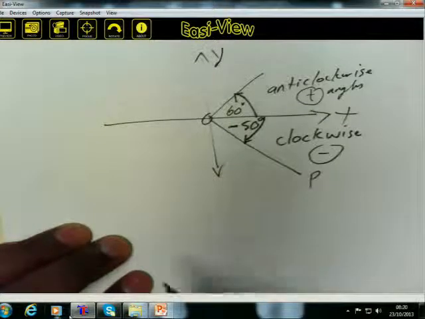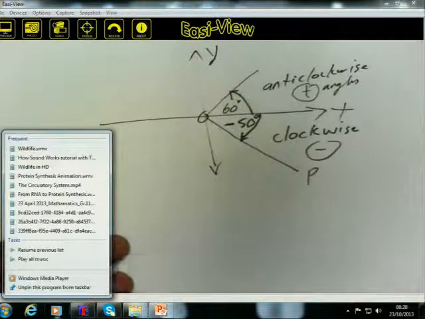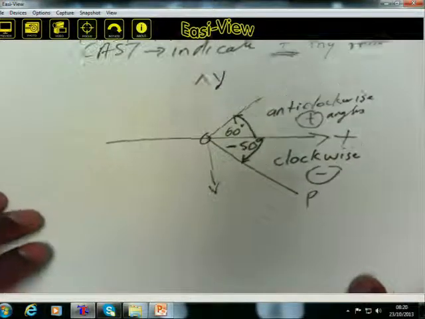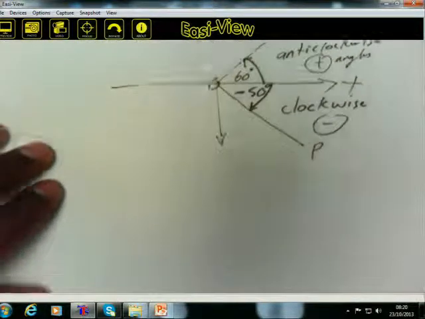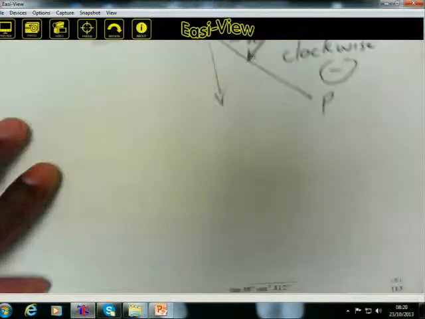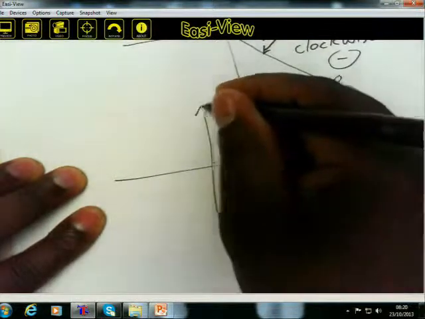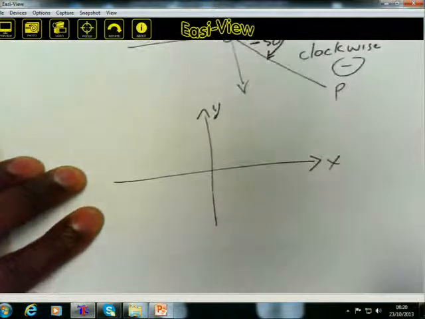So at the moment, we are talking about the negative angles. Remember, I said theta represents an acute angle. Check this. You've got a Cartesian plane, the x-axis, the y-axis.